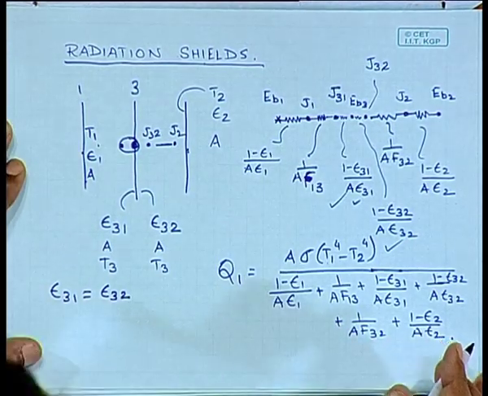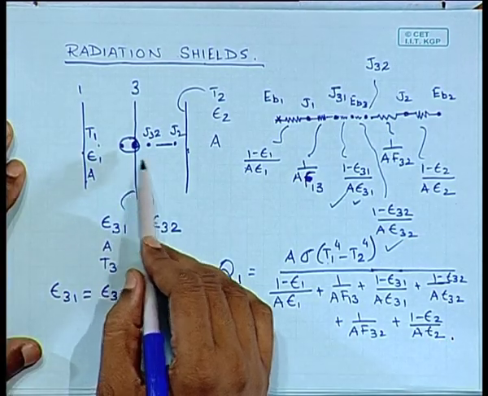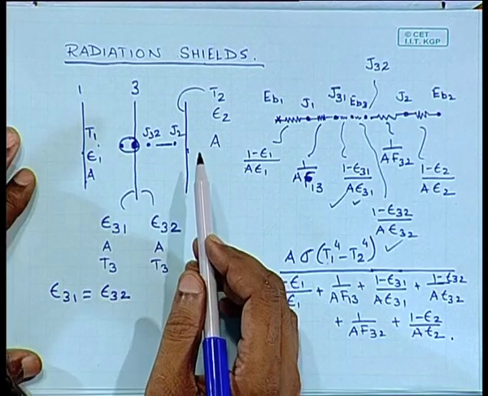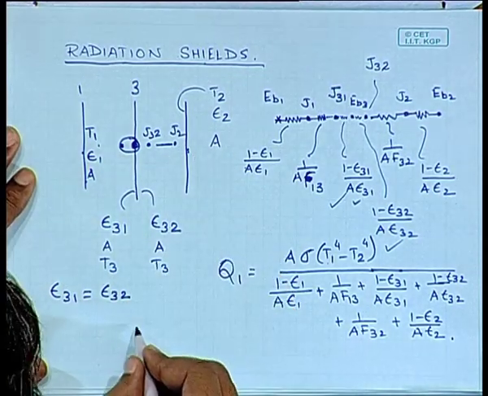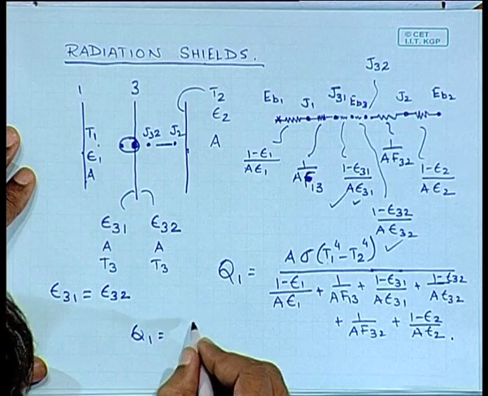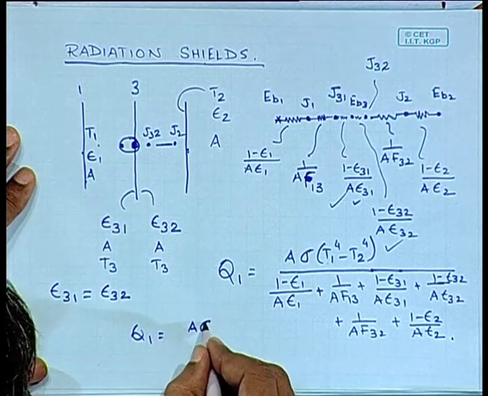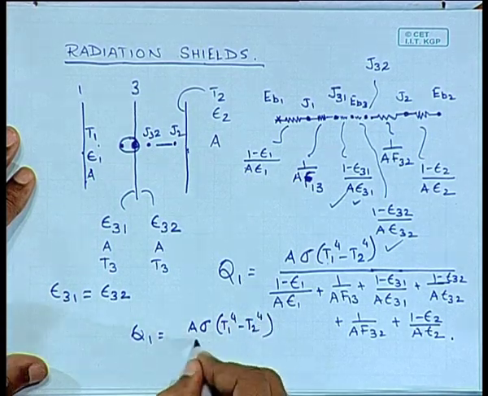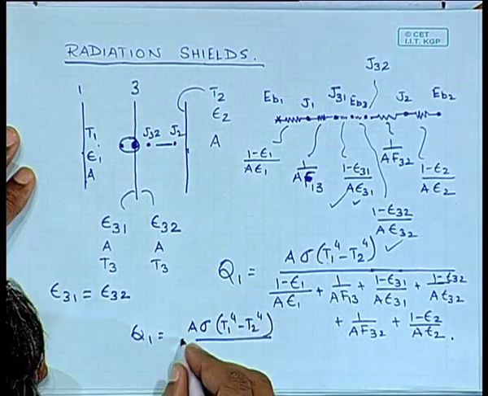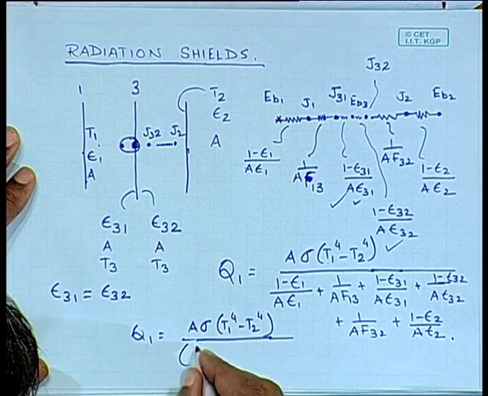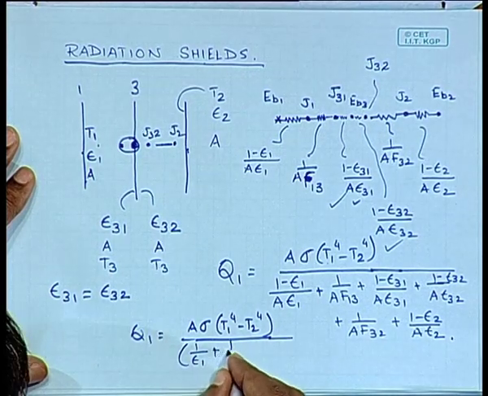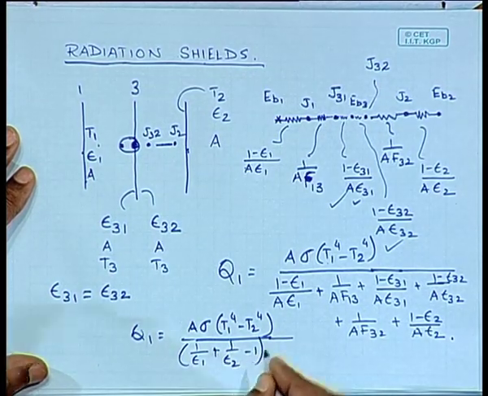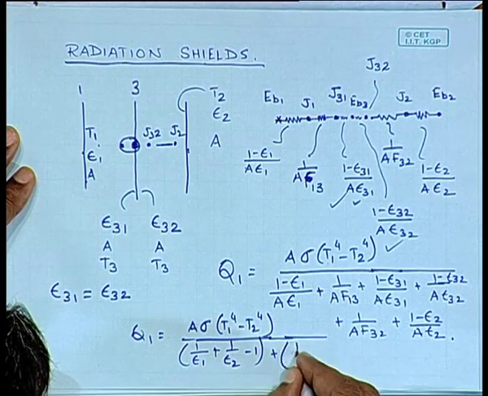Okay. So, if we now assume that epsilon 31 and epsilon 32 are equal, which is most probably going to be true, because the emissivity on both sides of the same surface will probably be the same, then what I can say is Q1 would simply be equal to A sigma (T1 to the power 4 minus T2 to the power 4) divided by a sum of resistances. It's just an algebraic simplification, nothing else.